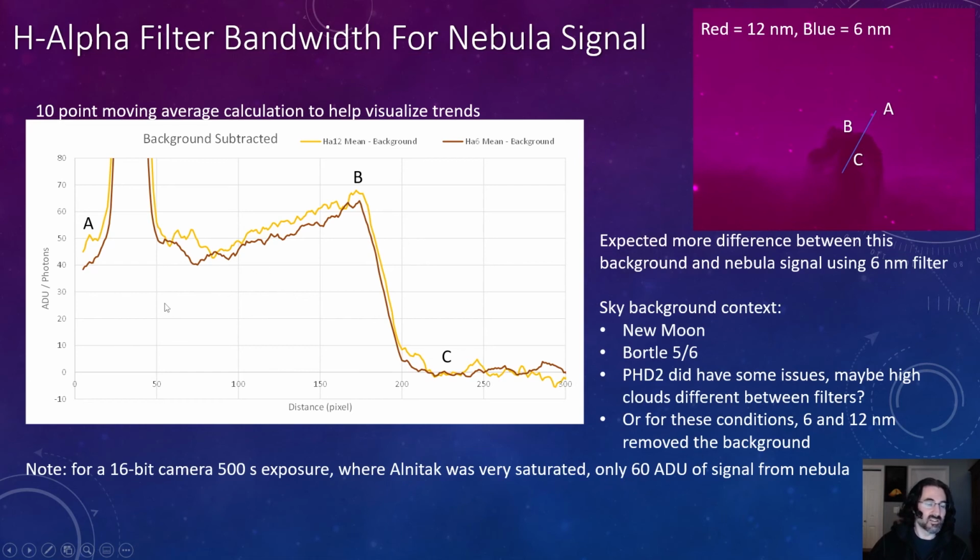Considering these sensors only pick up integer values, this 60 ADU is really not much signal, even over that 500 seconds. So that's again where it's really desirable to go to those fast F2 scopes, because I'm sure when we compare the data there, we're going to see a lot more signal coming out of the F2 scope.